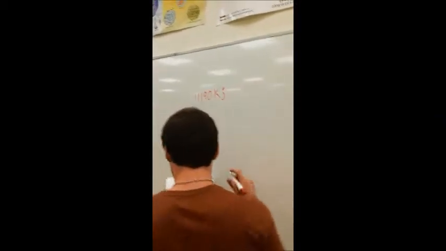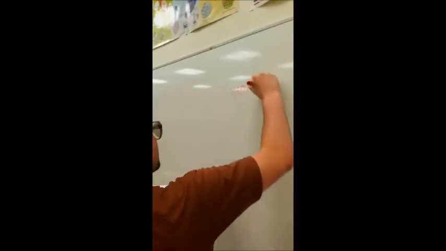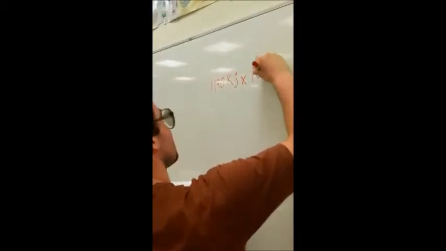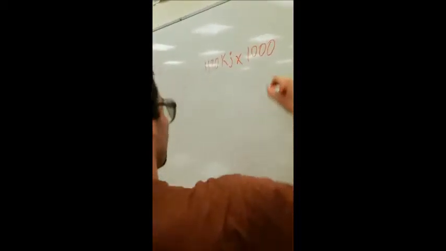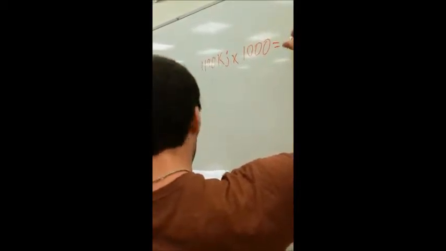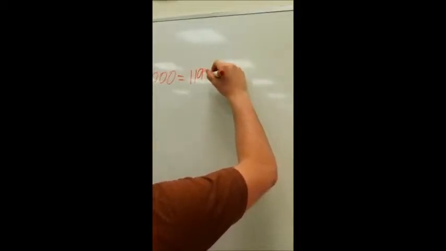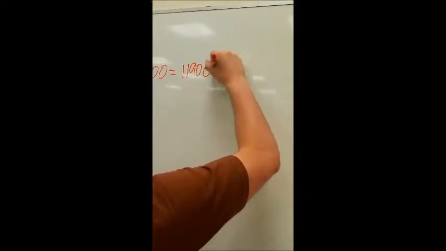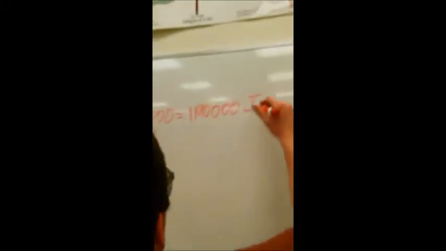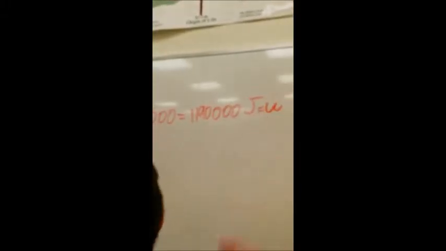We would have to convert that into joules, and to do that we would have to times it by 1,000. And when we times it by 1,000, we will get 1,190,000 joules. That would be equal to work.